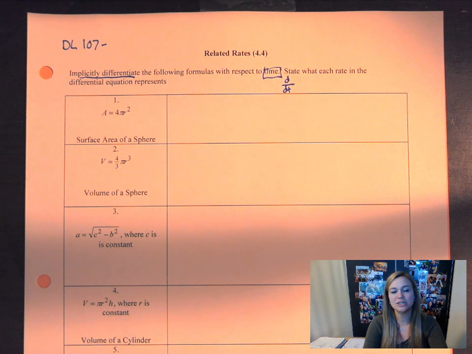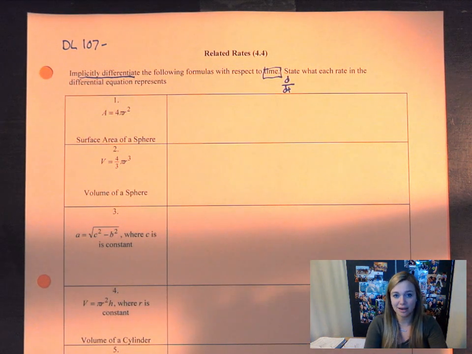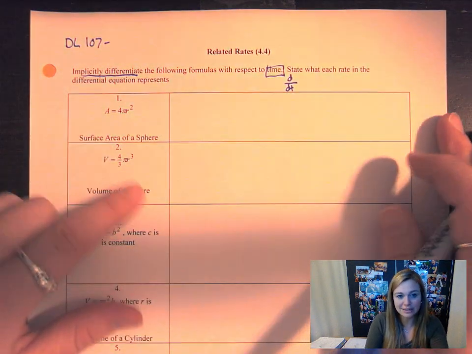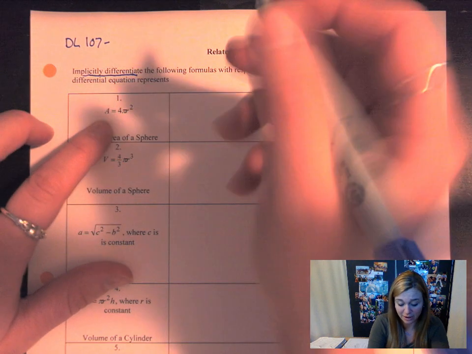What it's going to be changing with respect to is time. So as time increases and you're blowing up a balloon, what's the rate that the radius is changing? And there are other examples like this, and we're going to go through them, but this is all going to be with respect to time. So if I go through this and I say, okay, well, what is this with respect to time? You can even just be thinking about it as a variable for right now.